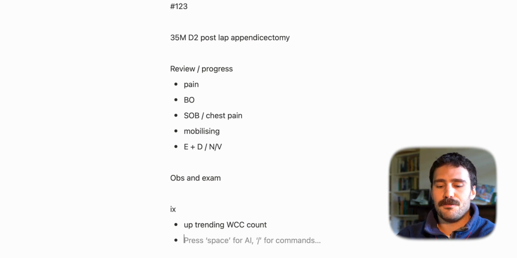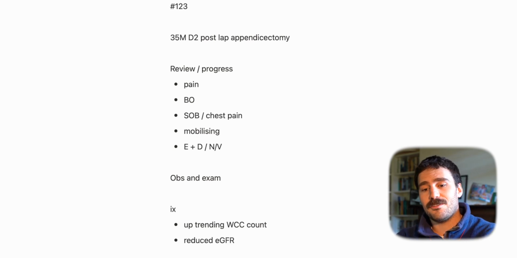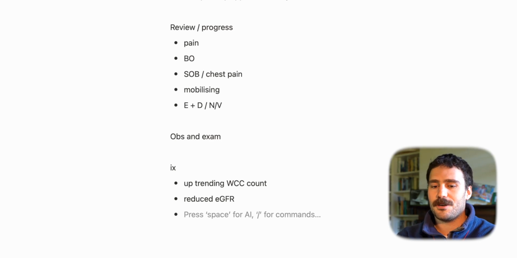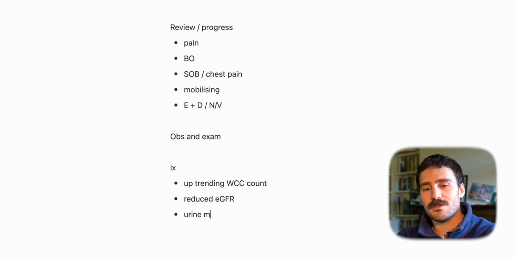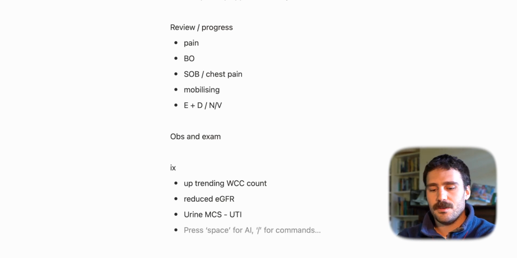They might have reduced eGFR, which is their kidney function, which might suggest an acute kidney injury. So looking at their bloods can give you an indication of how the patient is progressing or not. Maybe some results came back and maybe they have a urine infection.